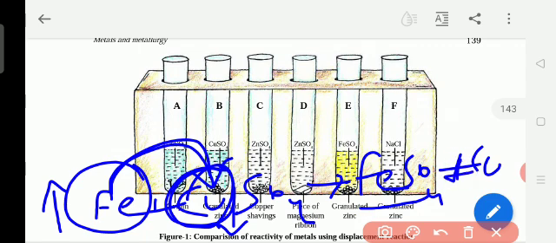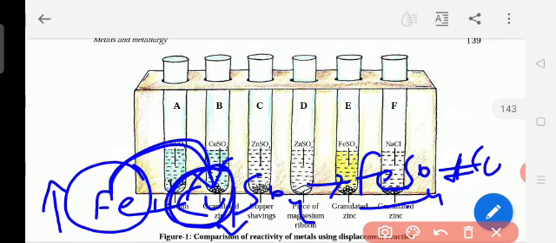If we take gold and silver, they are less reactive metals. That is why they don't react. Hydrogen is more reactive than silver and gold, so less reactive metals don't react with oxygen or hydrogen, and they don't get rusted.